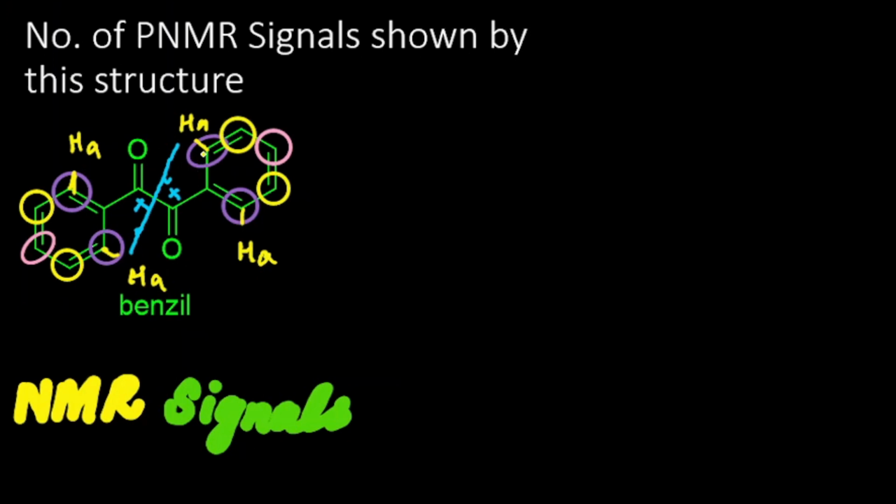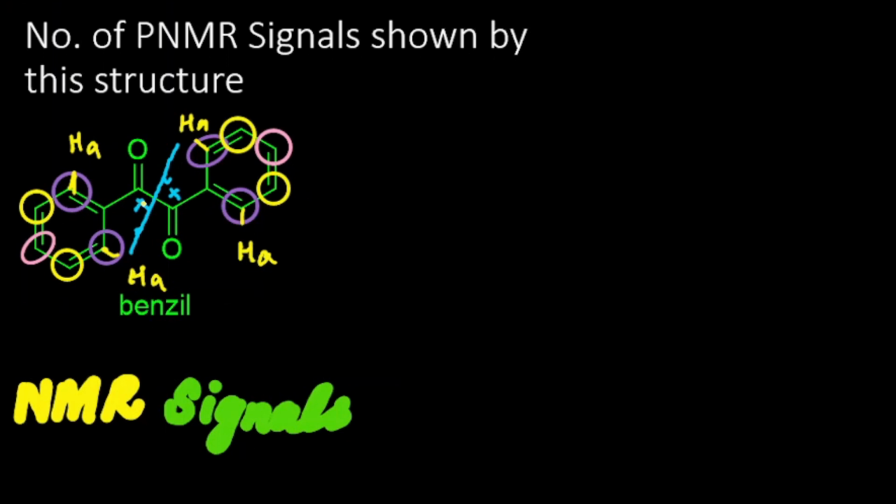Why? Because this carbon is attached to the carbon that is directly attached to the carbonyl group, and similarly here also. It means there is some type of symmetry. In symmetrical compounds, the structure can be divided into halves that are of the same type.